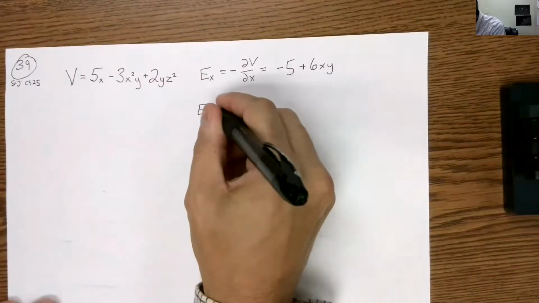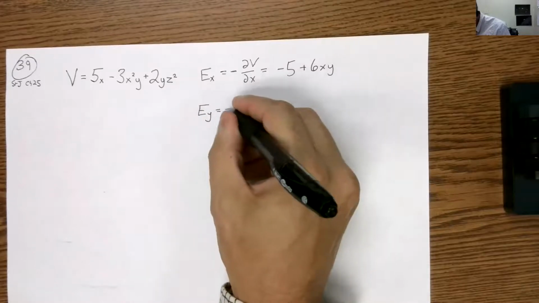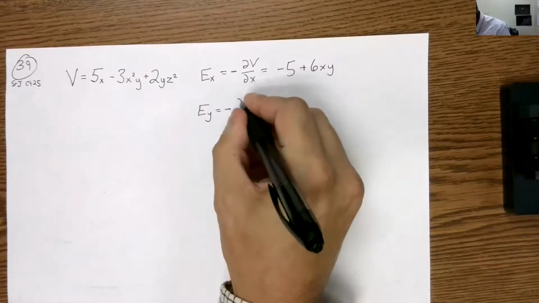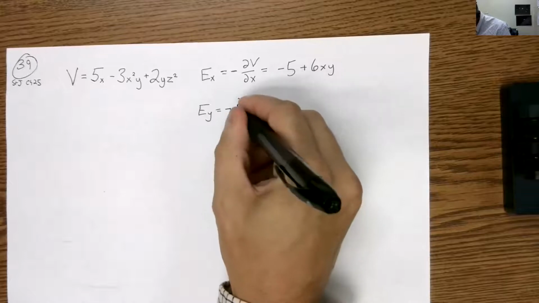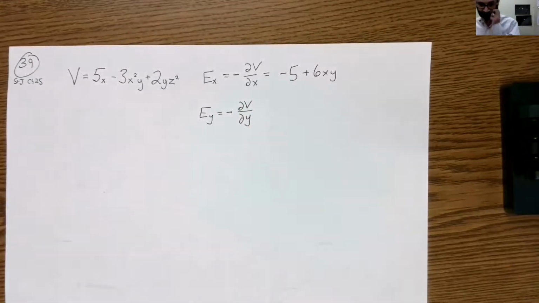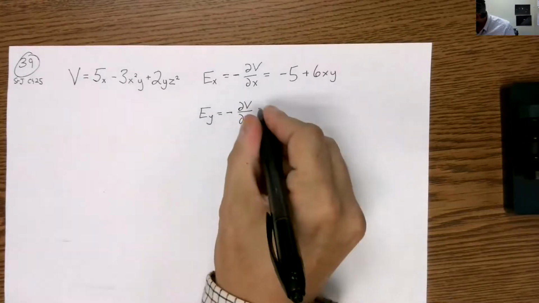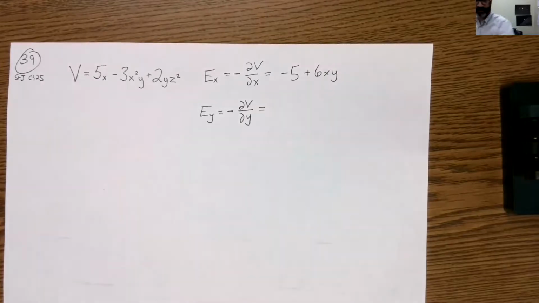Yeah, exactly, and that has to be true because it doesn't really matter what we name our axes. So the y component is the negative derivative of the potential with respect to y. Now we assume x is just a constant when we take our derivative. So that first term, the 5x, what does that give us?